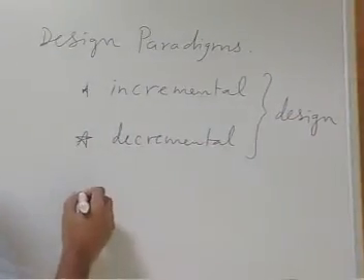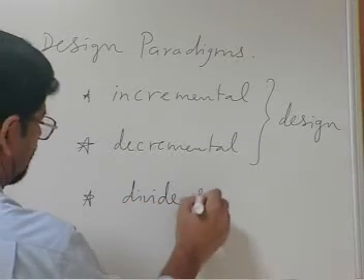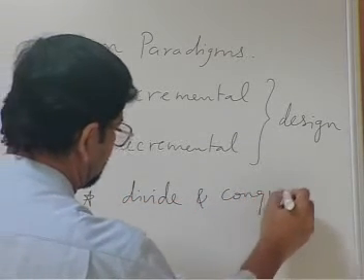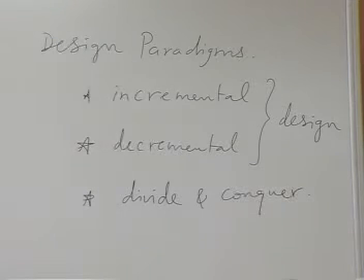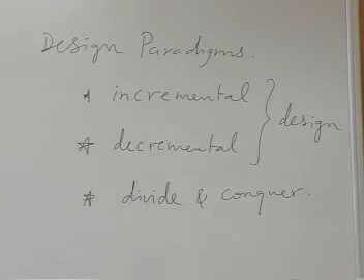And we are going to compare and contrast this with divide and conquer. So let us look at the decremental design now and come back to the contrasting part of this.